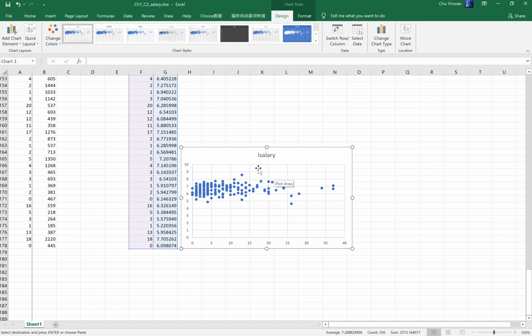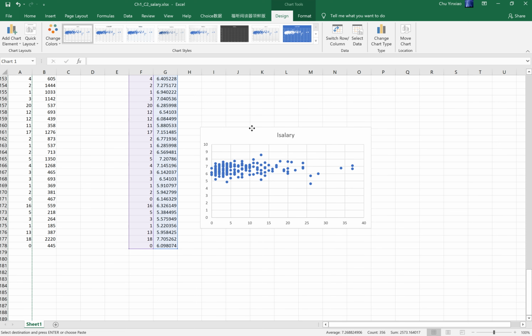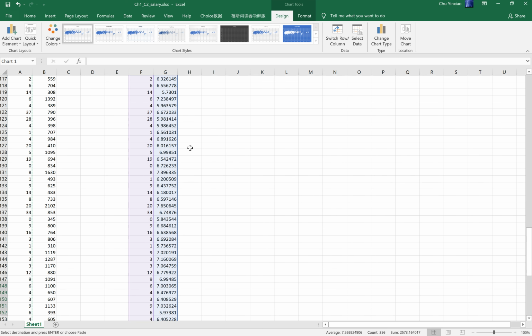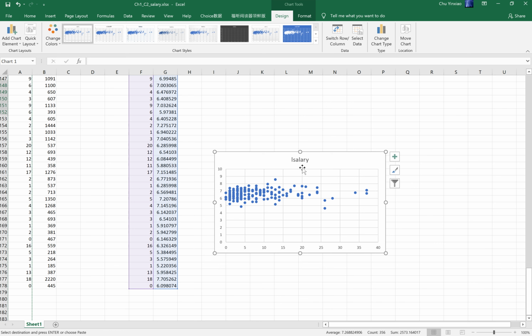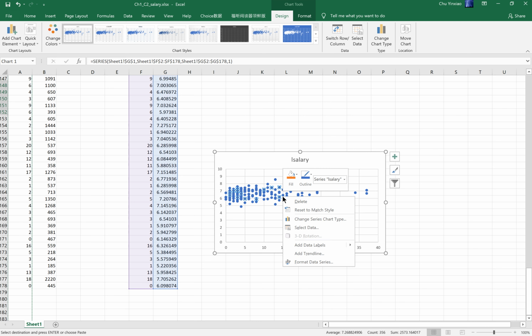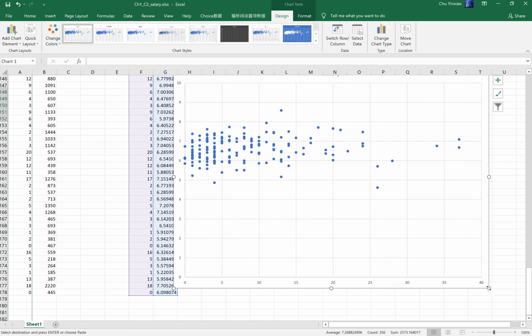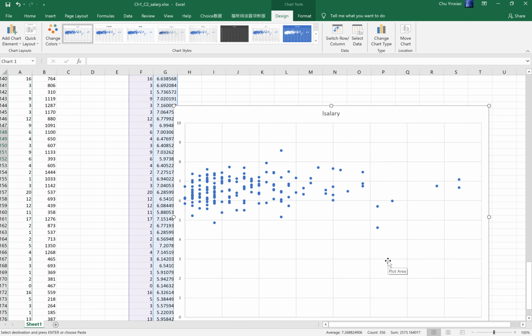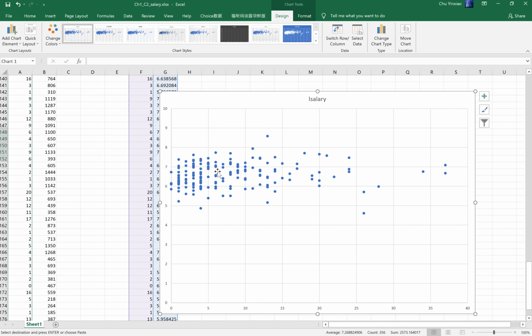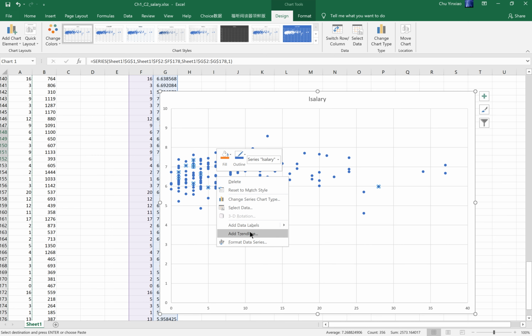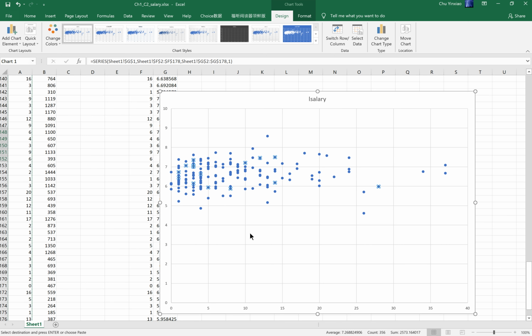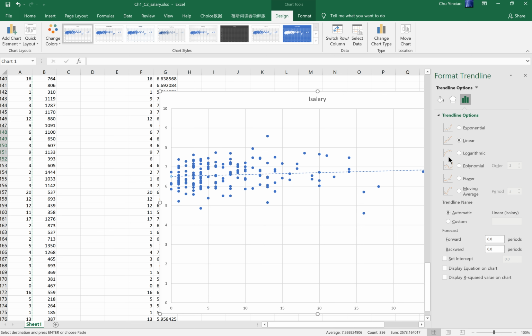Okay, so this is the scatter plot of log of salary, and we can make it larger. I can also fit the trend line here, which is basically the regression. We choose linear because we have already done the logarithm transformation.